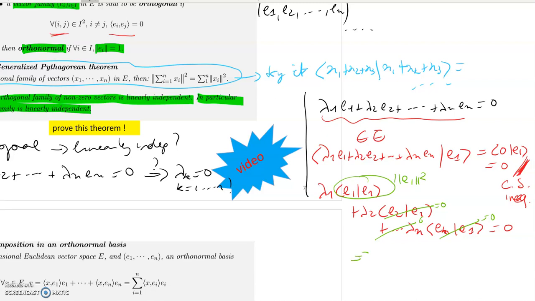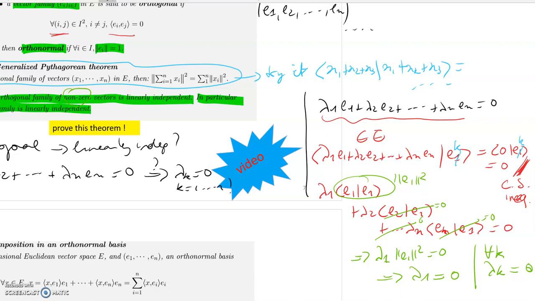So I get lambda 1 times the norm of e1 squared is equal to 0, and as we assumed that our family was non-zero, I know that the norm of e1 squared is not 0, so that implies that lambda 1 is equal to 0. And you can do the same reasoning for all lambda k. You get that lambda k is equal to 0 each time by applying the inner product with the ek vector.